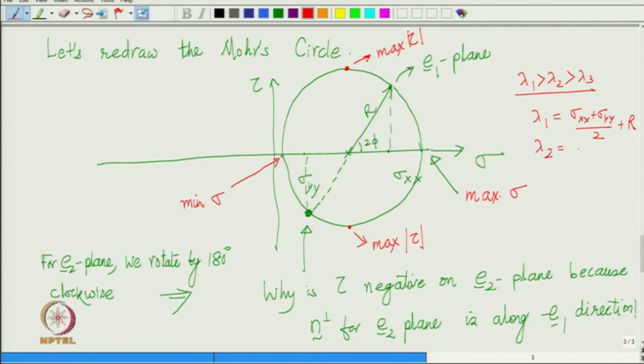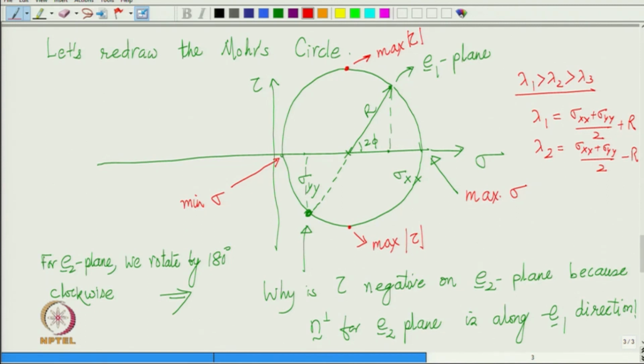Sigma x x plus sigma y y by 2 minus radius. So, if somebody tells you what are the principal stress components, what will you do? Sigma x x, sigma y y will be known, radius you know from that square root formula. So, put them here, you get your principal stress components, right.